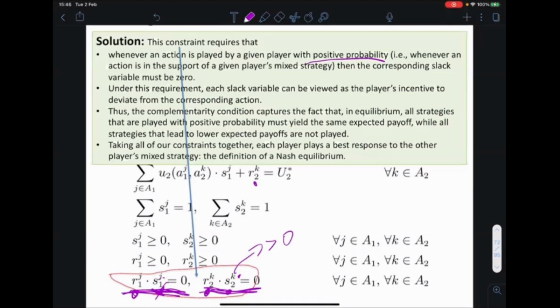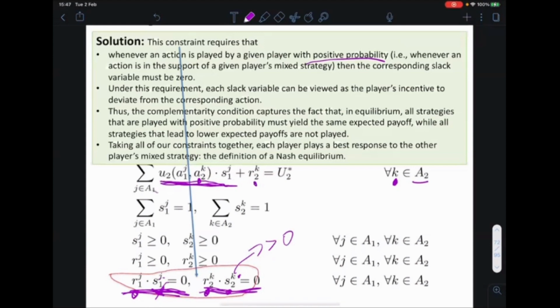Basically, what this means is that for player 2, their action K has an expected payoff given by AS1J, where S1 is the mixed strategy from opponent 1.